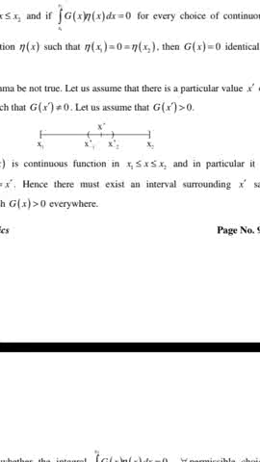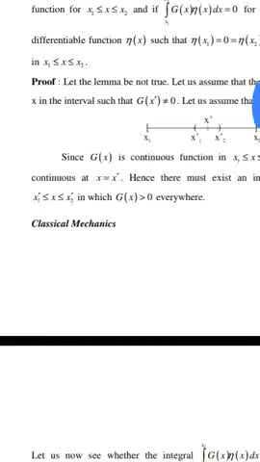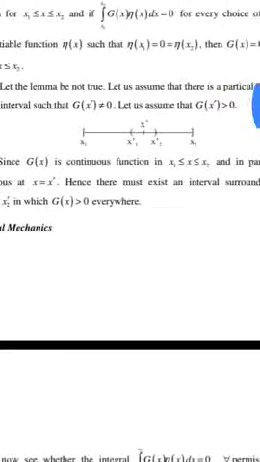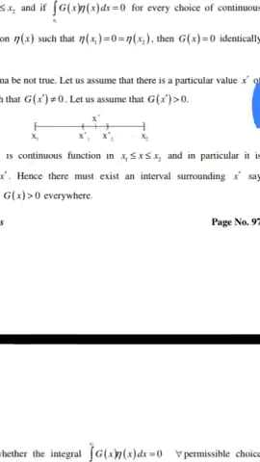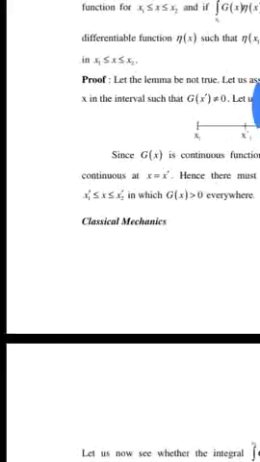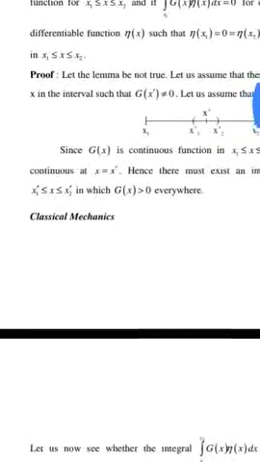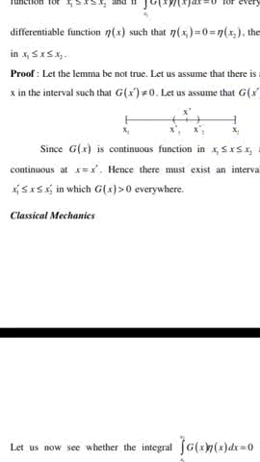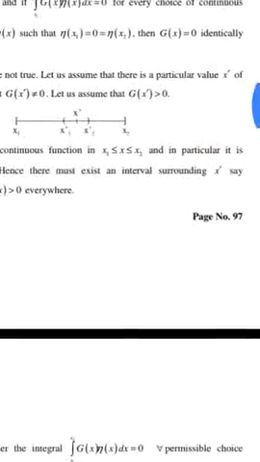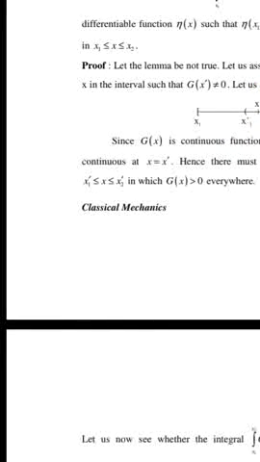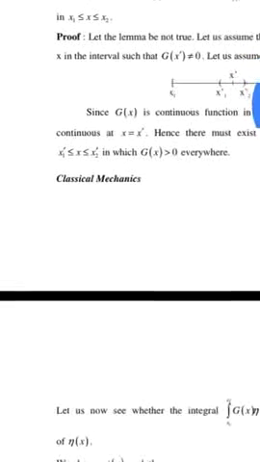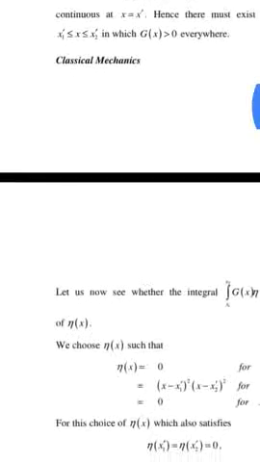In between x1 and x2 there are points x1 dash and x2 dash. Since g of x is a continuous function in x1 to x2, and in particular it is continuous at x equal to x dash, there must exist an interval surrounding x dash, say x1 dash less than or equal to x less than or equal to x2 dash, in which g of x is greater than 0 everywhere.